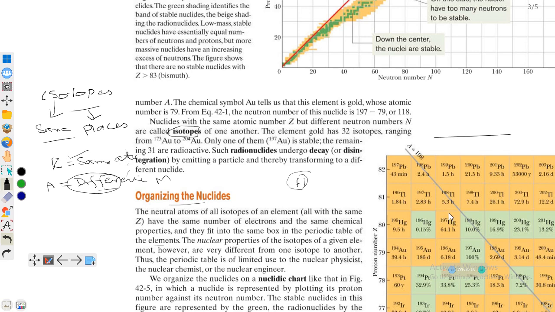Okay, and the next term is isobars. What are isobars? Iso means same, and bar means line.